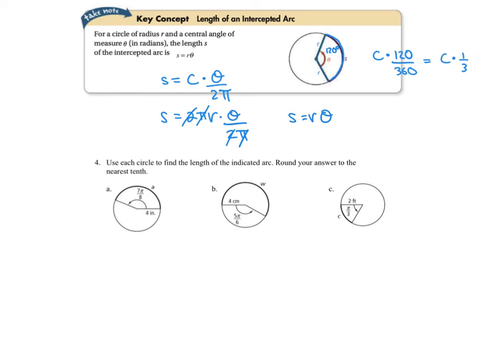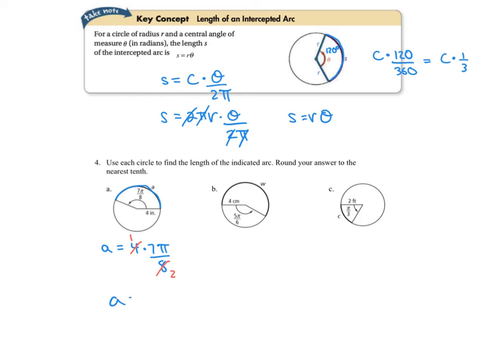So in number 4a, using that formula, this time instead of s, we're going to call that a, because that's how it's labeled, the length of that arc. So a equals the radius, which is 4, times the angle, 7 pi over 8. I can cancel. 4 and 8 can both be divided by 4, giving me a 1 and a 2.